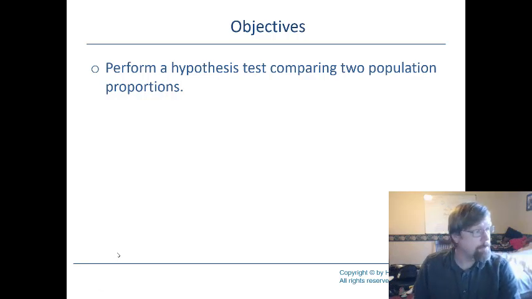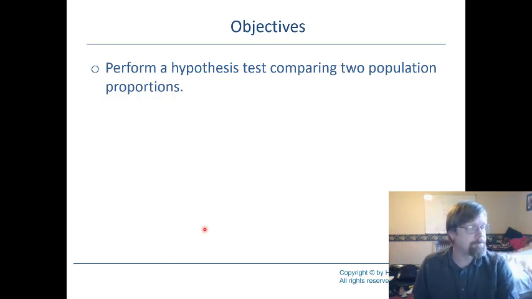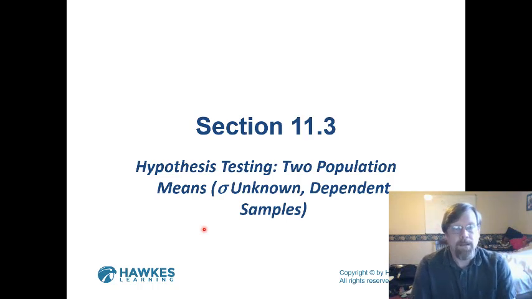Okay, hello. Welcome to the last couple of sections about hypothesis testing with two population means. We're doing section 11.3 and 11.4 and then moving on to chapter 12 after that.